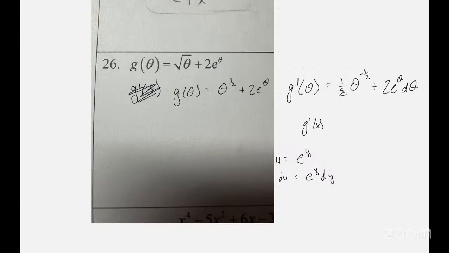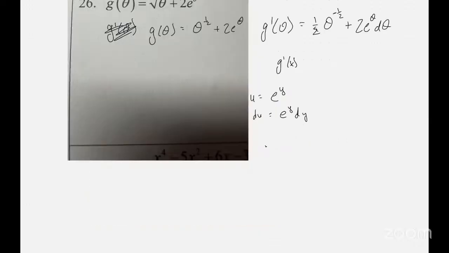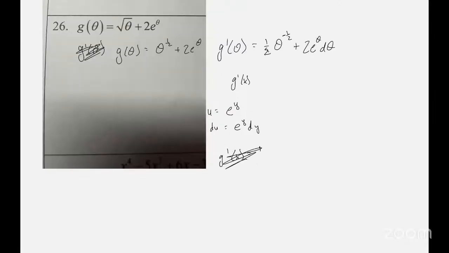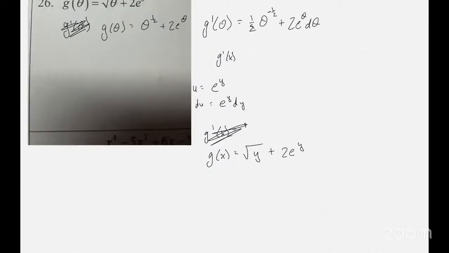If I was asking what's g prime of x, if the formula said g of x is equal to the square root of, I don't know, y plus 2e to the y, then what you would do is you have a chain rule involved, right?